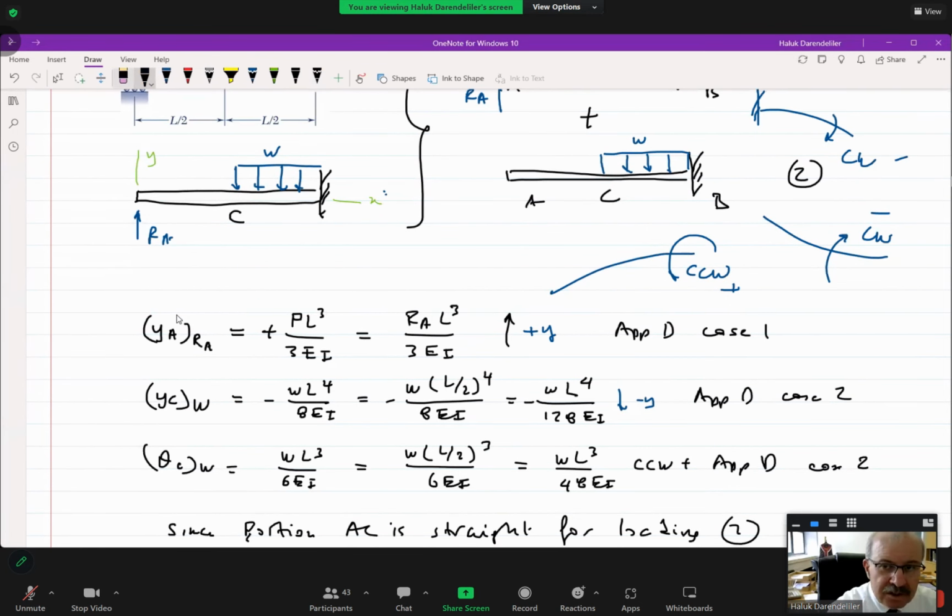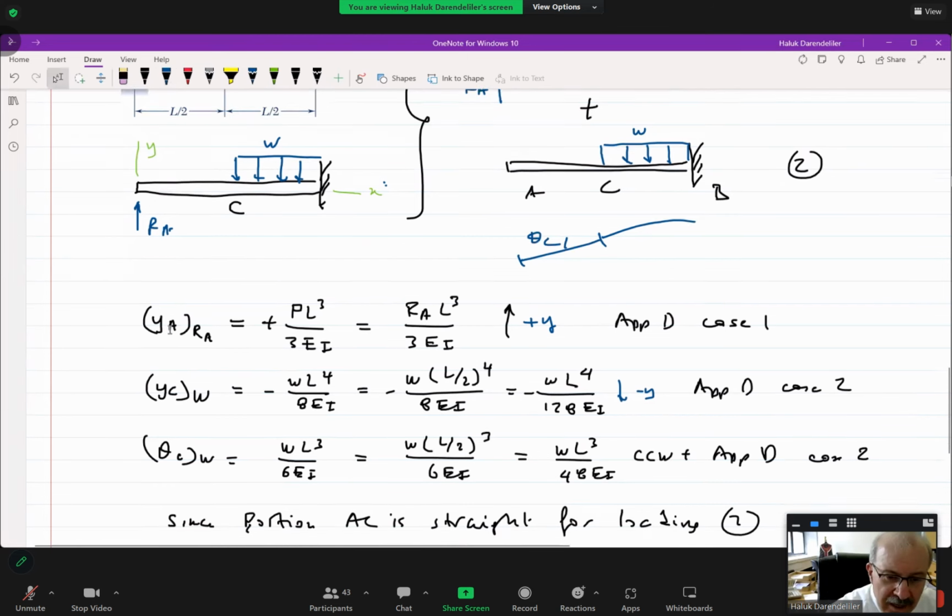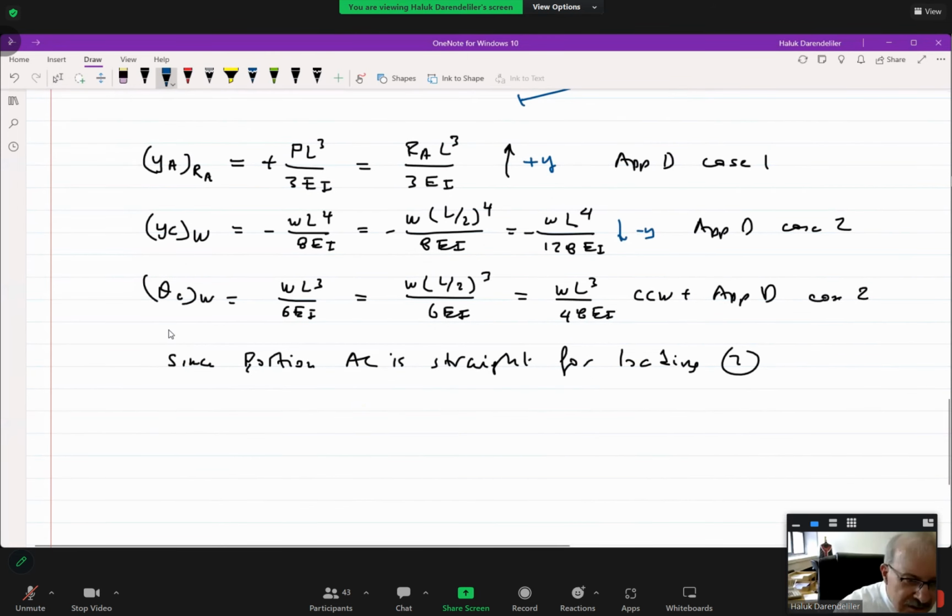Let me erase these and draw again. There will be a deflection up to C, but then this remaining portion is straight. Okay. Since this is straight, and since this is the slope at C, I can write the deflection at A, note these down, because of W as follows.